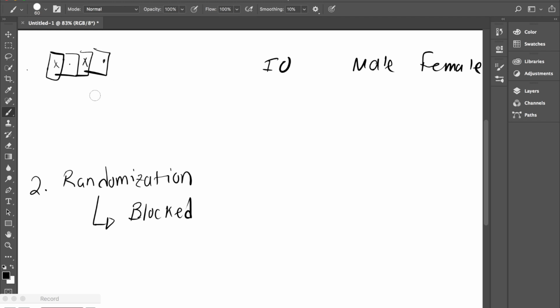And you have to understand that the block size must be divisible by the number of interventions that you're studying. So we're studying treatment and a control here. So the block size, which for us is 4 here, has to be divisible by 2 because we have a treatment and a control. We could have also done a block size of 6. We could have also done a block size of 10, right? They're all divisible by 2.